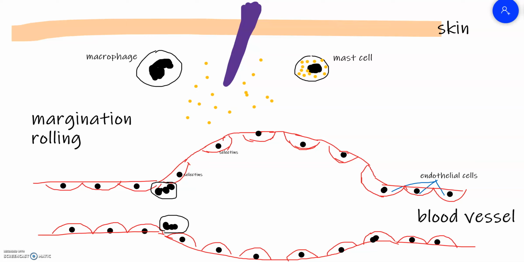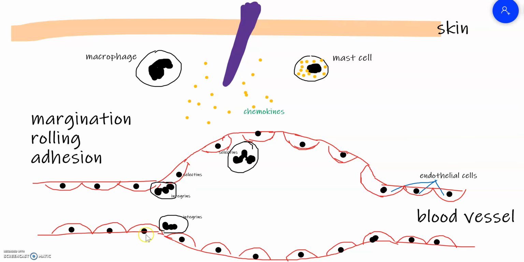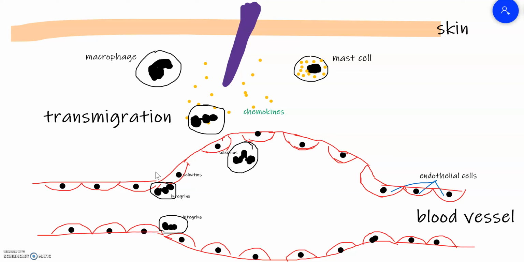Eventually, even more sticky molecules, called the integrins, on the neutrophils force the neutrophil to a complete stop and adherence to the endothelium. The next step is mediated by chemokines that are released by the inflammatory cells, and this causes transmigration of the neutrophils through the endothelial gaps.